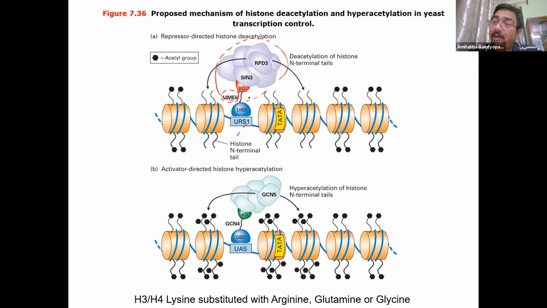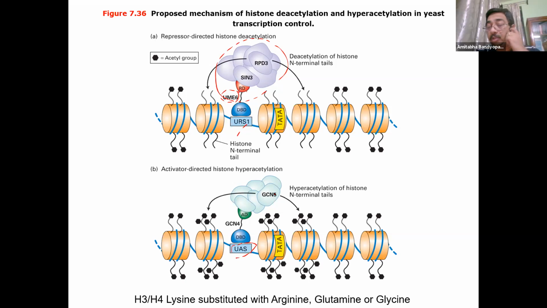And it can be reversed by another sequence called upstream activating sequence, which recruits a transcriptional activator called GCN4, which again has its own DNA binding sequence that recognizes the upstream activating sequence. And the activation domain recruits a complex within which there is one protein called GCN5, which is an acetylase, meaning it adds acetyl group to the lysine residue of the histone.